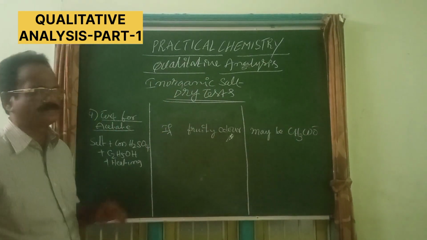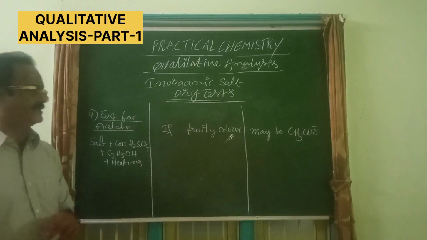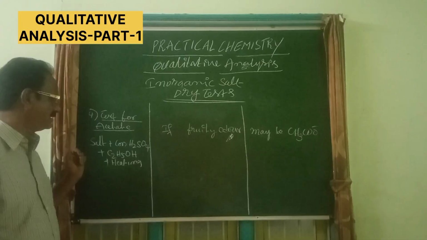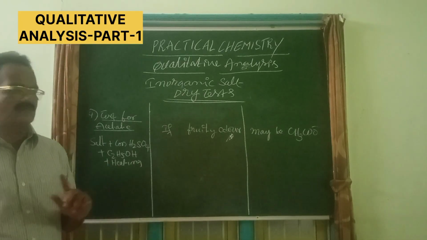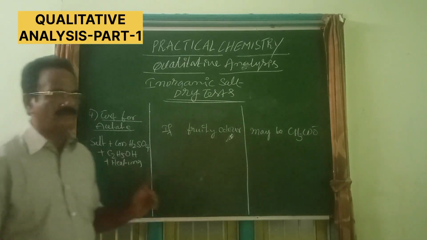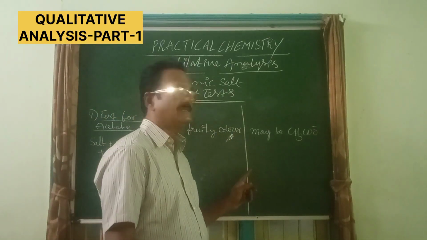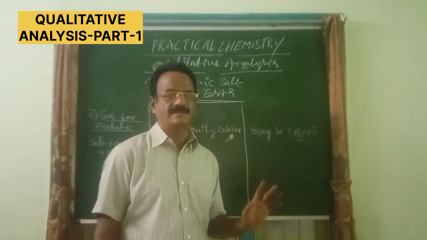Is it clear? So I am repeating again. Test for acetate: the salt is added with concentrated H2SO4, ethyl alcohol, and then subjected to heating. If a fruity odor is there, then there may be acetate in the given inorganic salt.